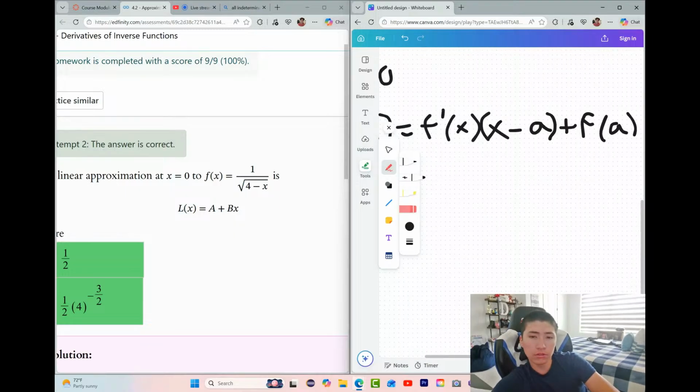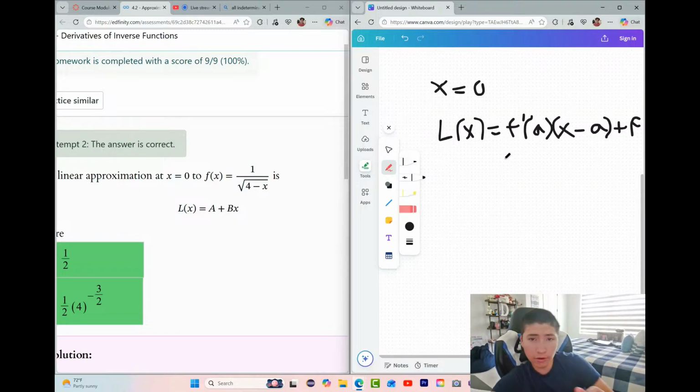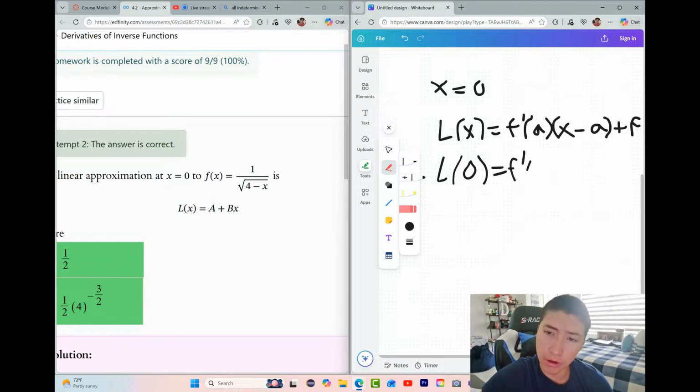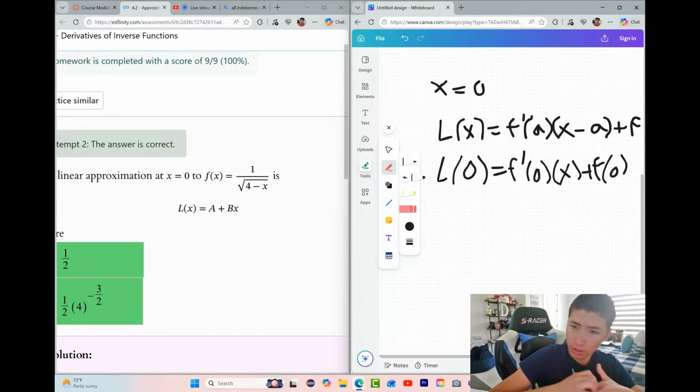So here we get L of 0 equals f prime of 0 times x plus f of 0. That's right.